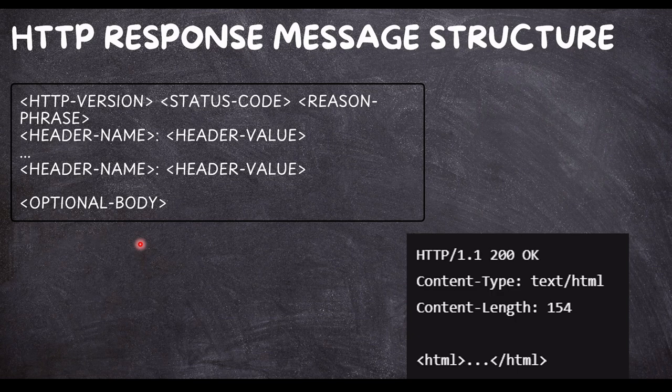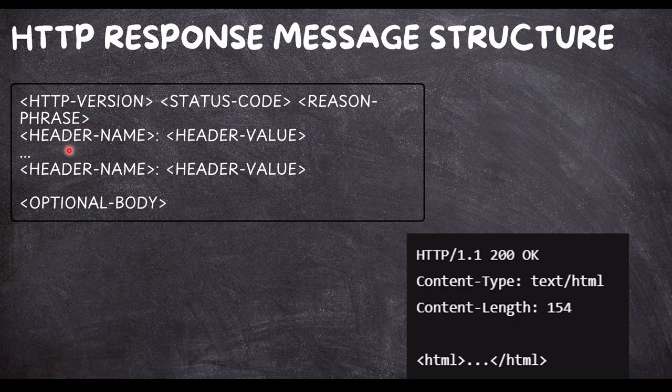To represent that response, the server employs these status codes. Later in the course, I'll give you a list of the most commonly used status codes, but for now you can just take it with a pinch of salt that 200 means everything is good, you are getting your response. Whenever the status code is 200, it means everything is going good, your response is delivered. So 200 OK is our status code and reason phrase. Again, status code 200 means everything is good, reason phrase is OK.